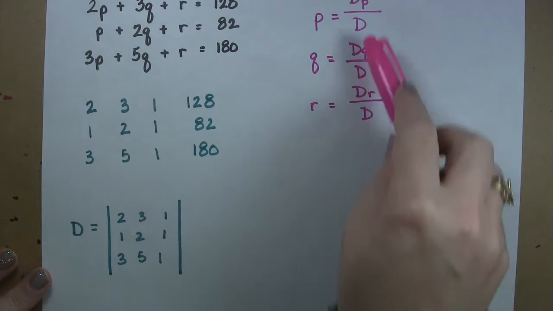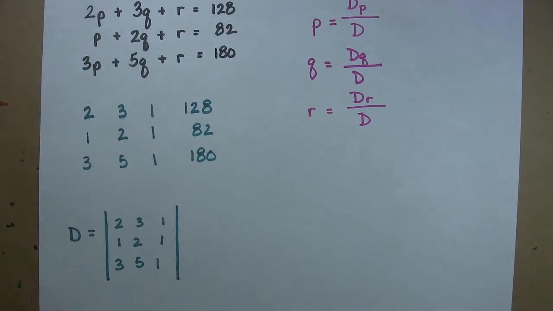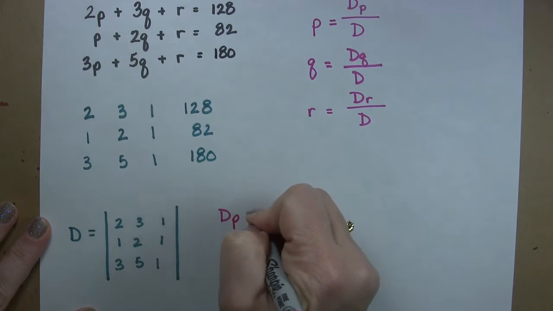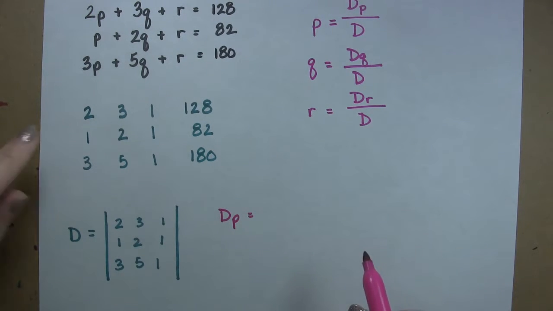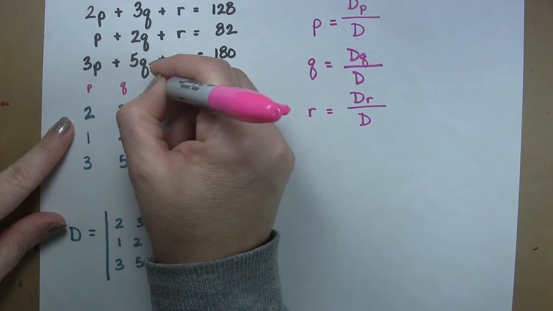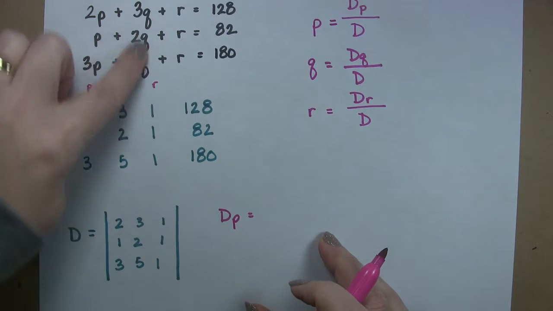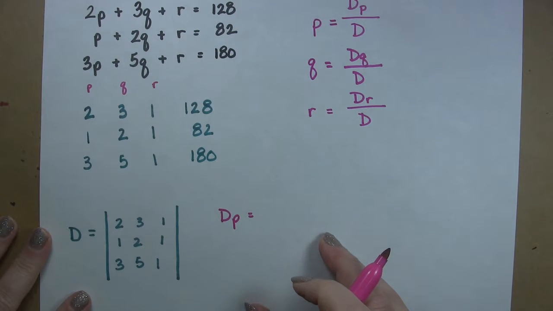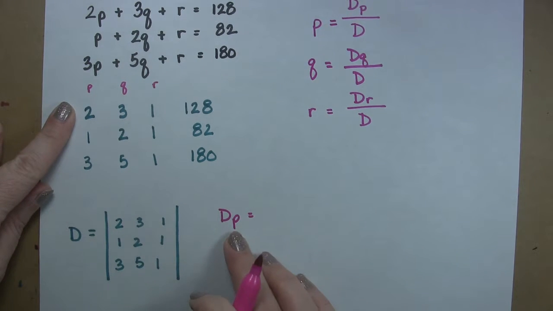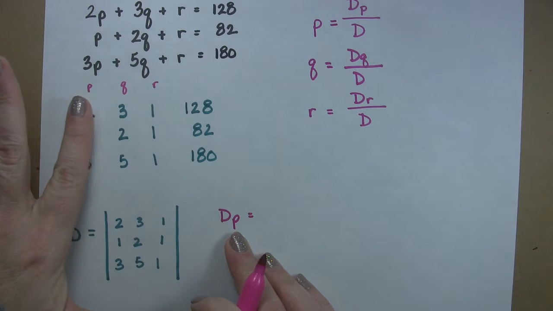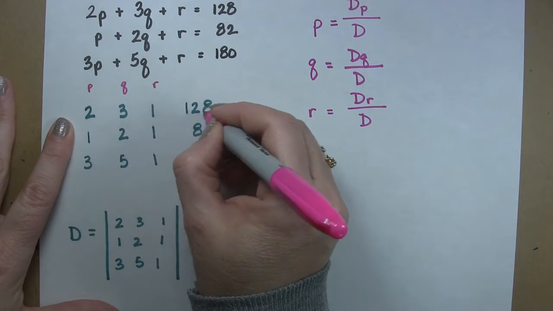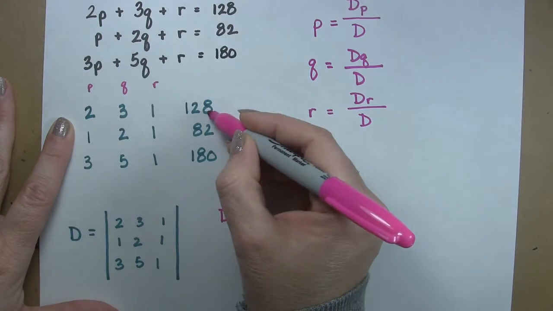So what about the determinant of P? What would that equal? Well, I will show you. So D sub P is going to equal this. You know that this is all your P values, this is all your Q values, and this is all of your R values, right? That's the way it was lined up in our system of equations. So if we want to figure out the determinant of P, then what we do is we take our P column and we substitute in all of these numbers that came from the other side of the equation.